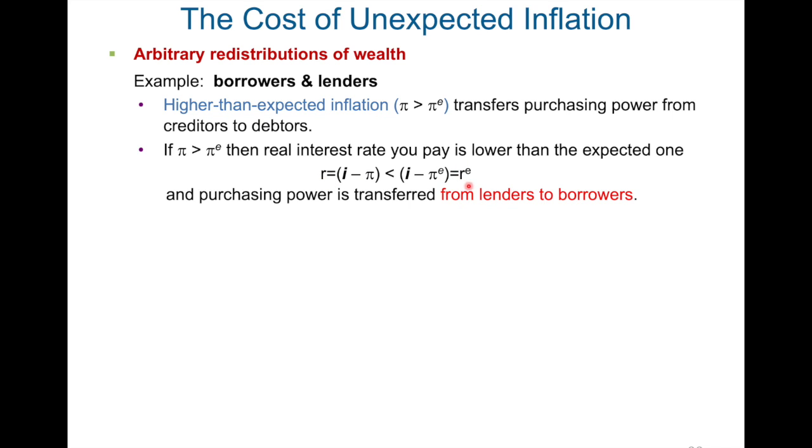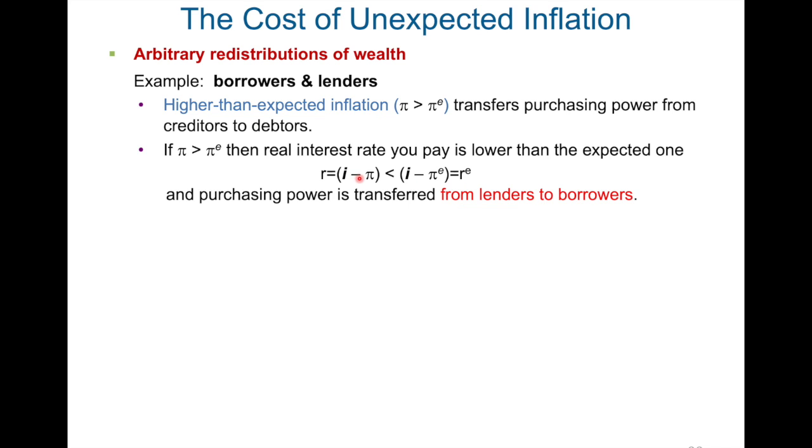This was the expected real interest rate that was predicted to be paid by the two parties when they enter into a borrowing-lending relationship, for instance in a mortgage. They made predictions about the expected inflation and they set the nominal interest rate, predicting this expected real return.